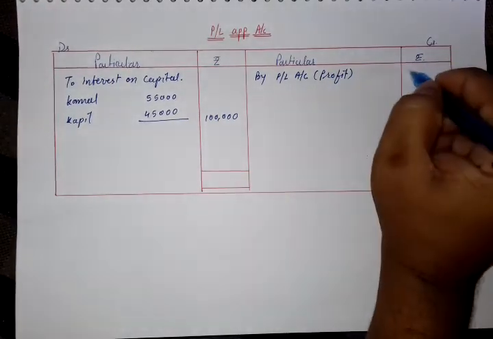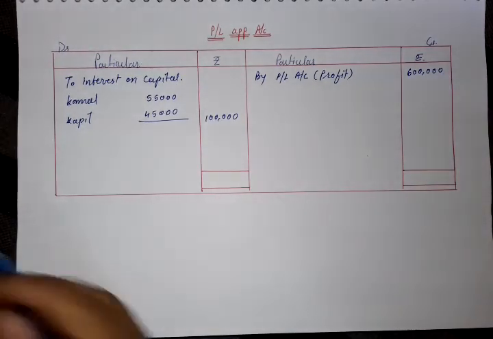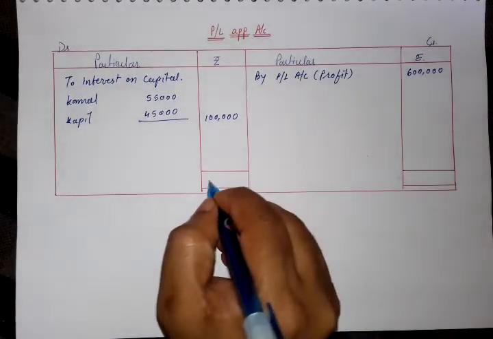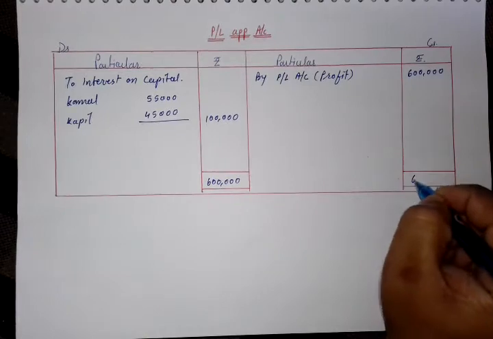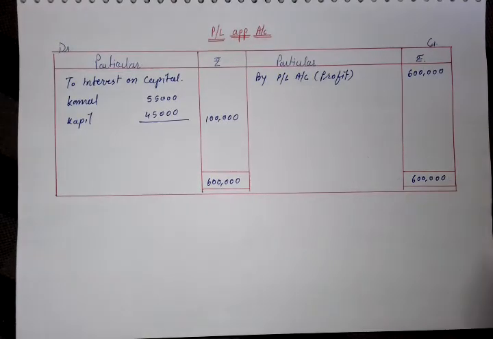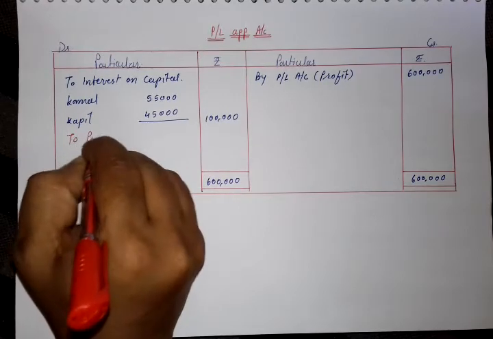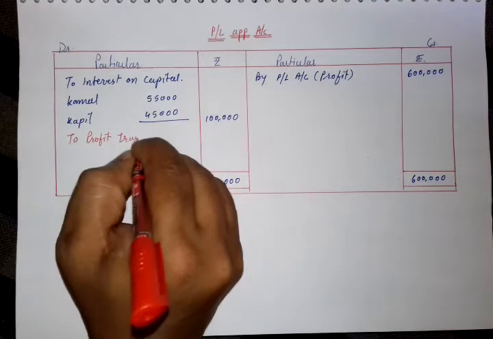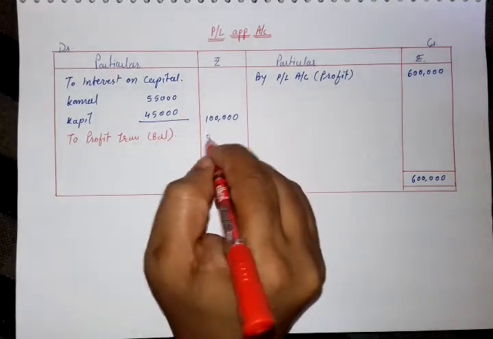Profit we are having 6 lakh rupees. That is clear. So our balance will come on debit side. So how much balance? To profit transfer, and it is your balancing amount 5 lakh rupees.